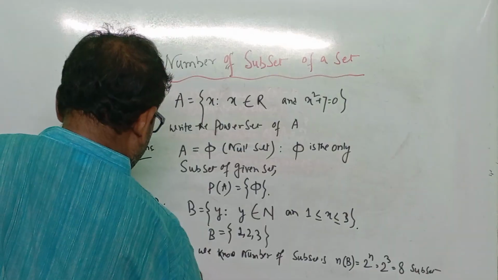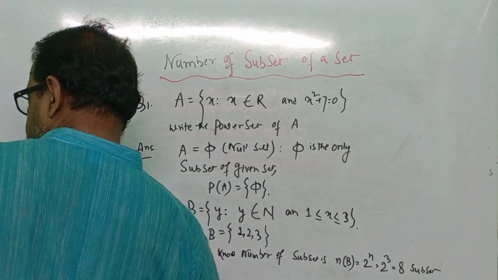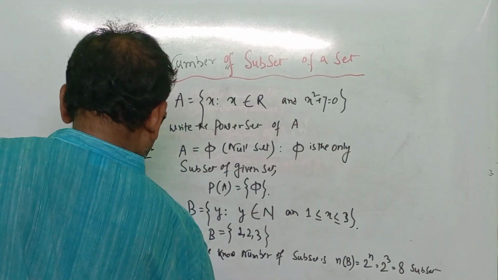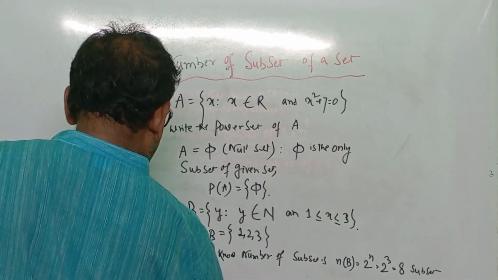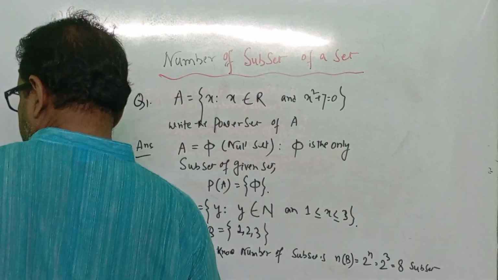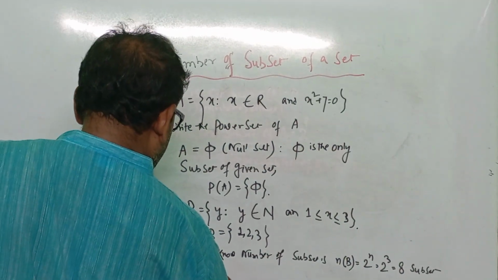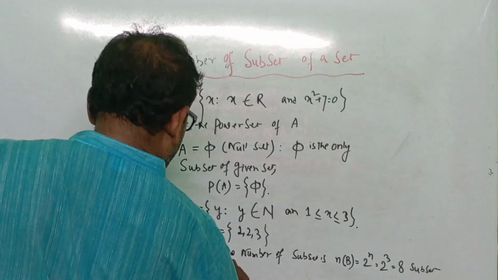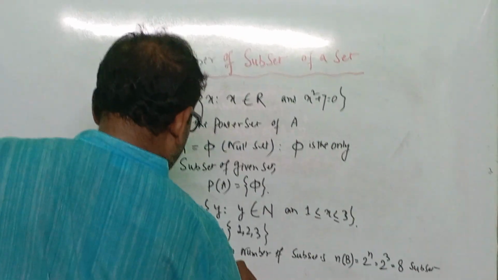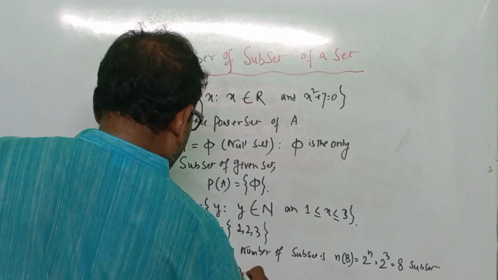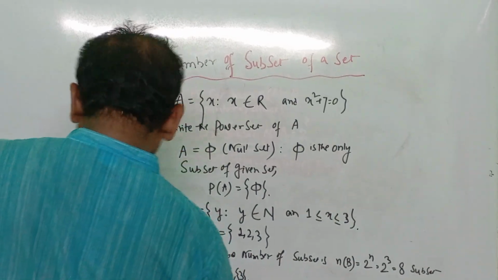So what are the 8 subsets? The power set of B: first one null. Then 1, 2, 3.